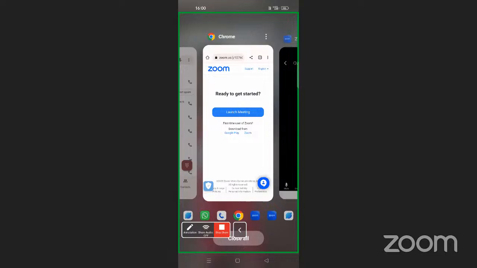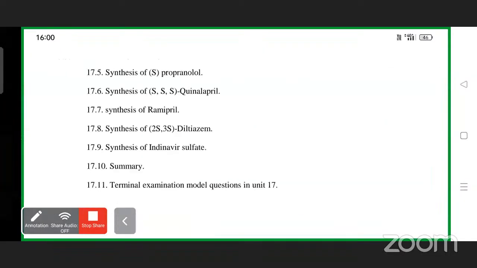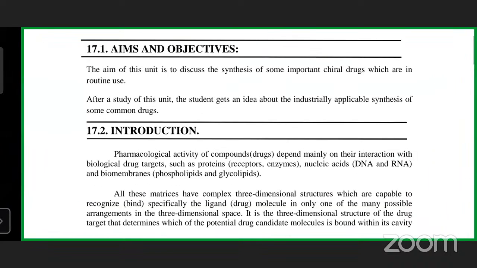So the synthesis of chiral drugs. In this topic, generally they will ask for the synthesis of some drugs. You have to remember and practice the synthesis mechanisms and reactions.